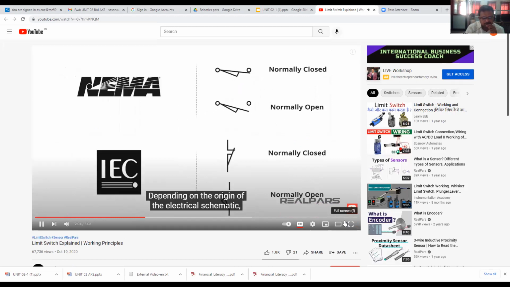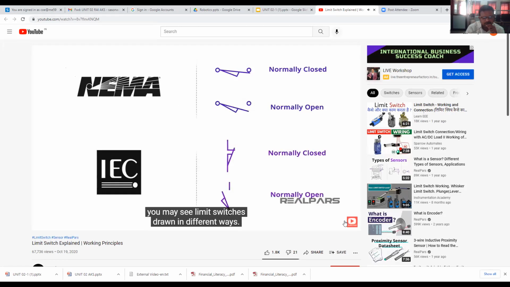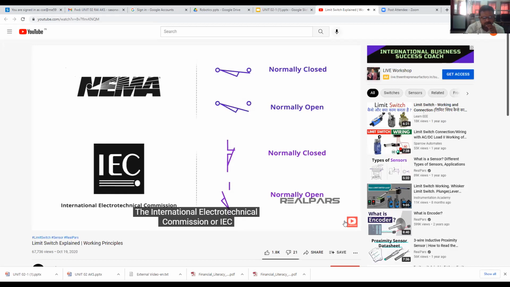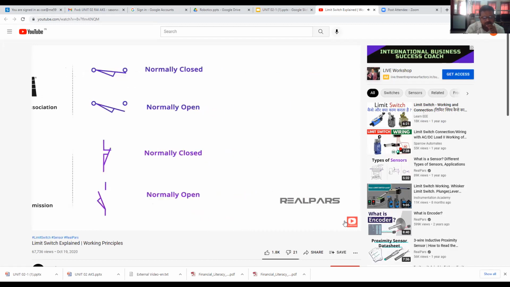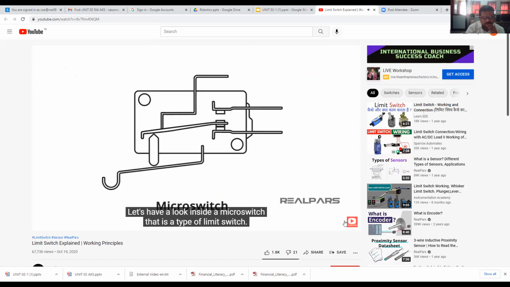Depending on the origin of the electrical schematic, you may see limit switches drawn in different ways. The International Electrotechnical Commission, or IEC, and the National Electrical Manufacturers Association, or NEMA, have slightly different symbols. Let's have a look inside a micro switch that is a type of limit switch.